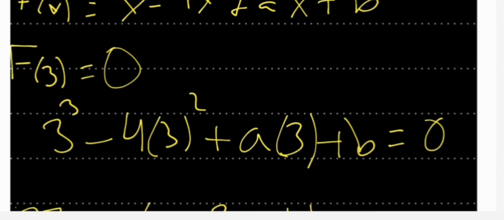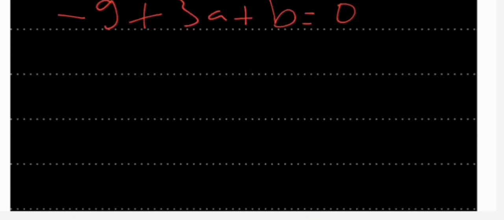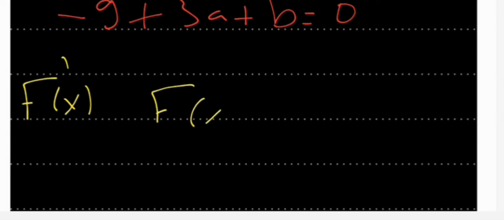So yes, now we are going to use the derivative. So the derivative of f of x, when x equals 3, has a slope of 0, okay? So the derivative of f of x at x equals 3 is 0. Why?